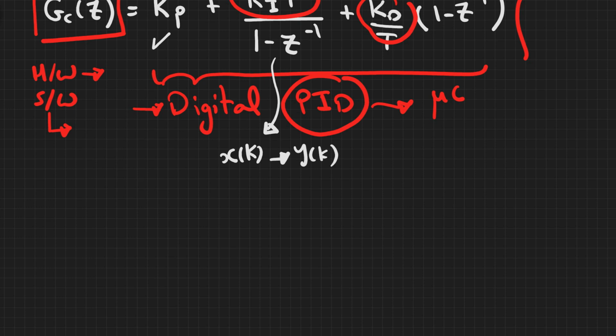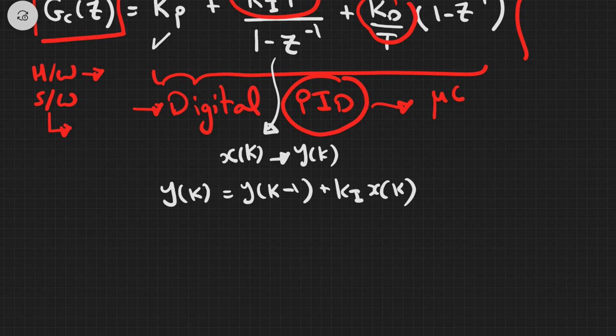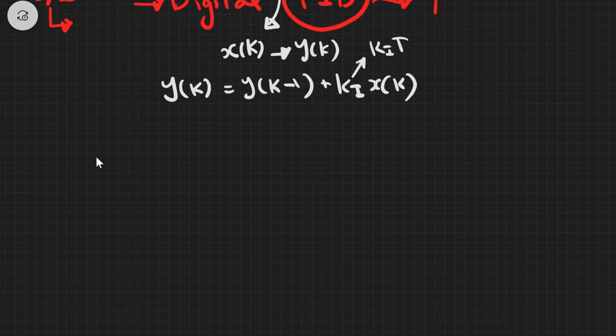So how will the difference equation of this integrator look like? It's going to be y of k equals y of k minus 1 plus ki times x of k. As I said, we are talking about the new ki, which is basically ki times T.